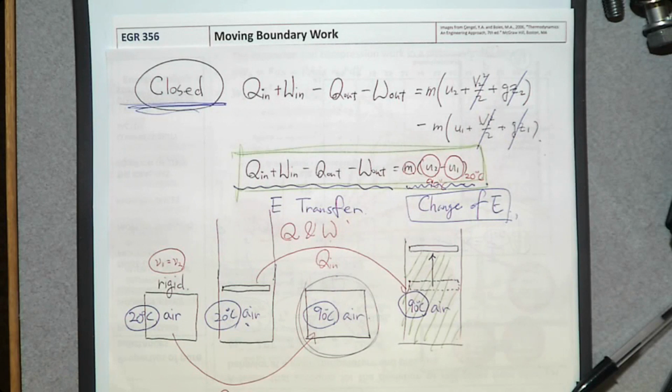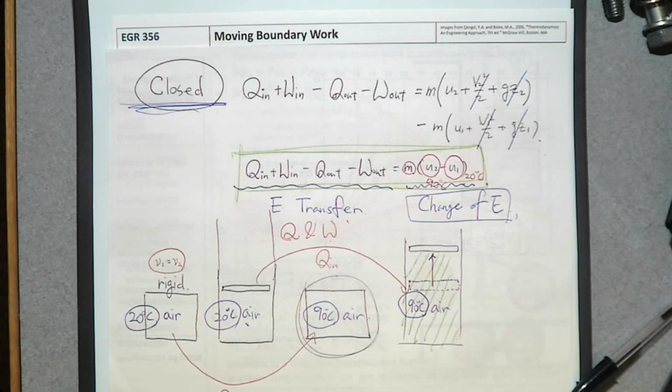So how do you determine this? How much work is given to the air to move this piston from this original location to the new location? How much work should be given? I told you this when we studied chapter 2.